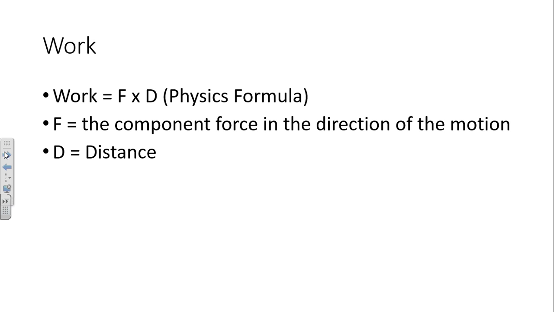So we want to talk about work. And you know from physics class that work is equal to force times distance. The force is the component force in the direction of the motion. And D just stands for distance.